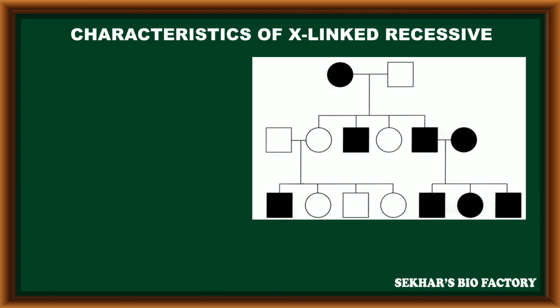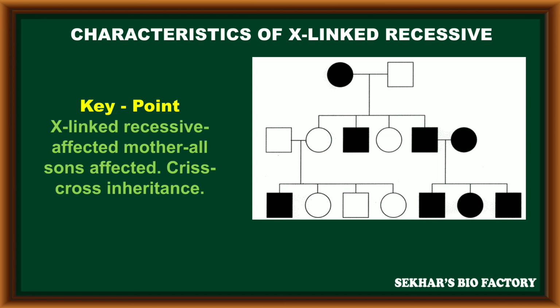At the same time, the mother is affected, and all her sons are affected. So mother is affected, all sons are affected. So it confirms that it is an X-linked recessive disorder. And the main key point is, in X-linked recessive disorder, an affected mother has all affected sons.